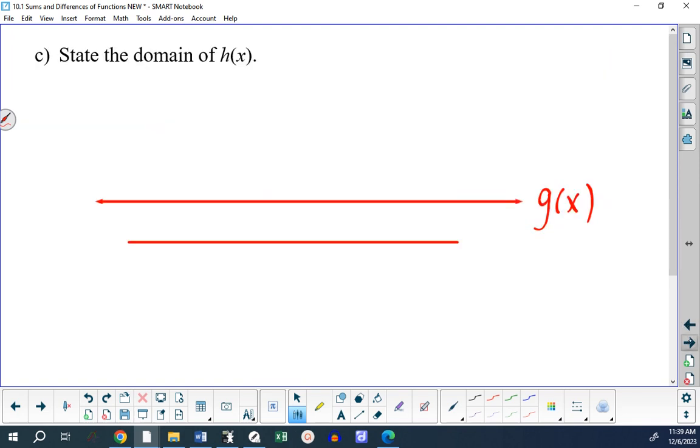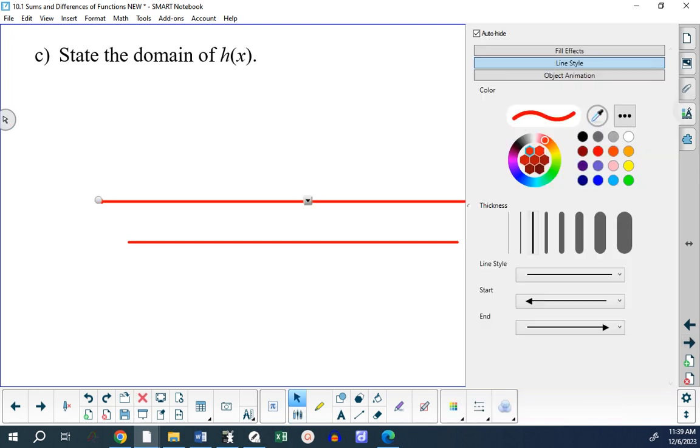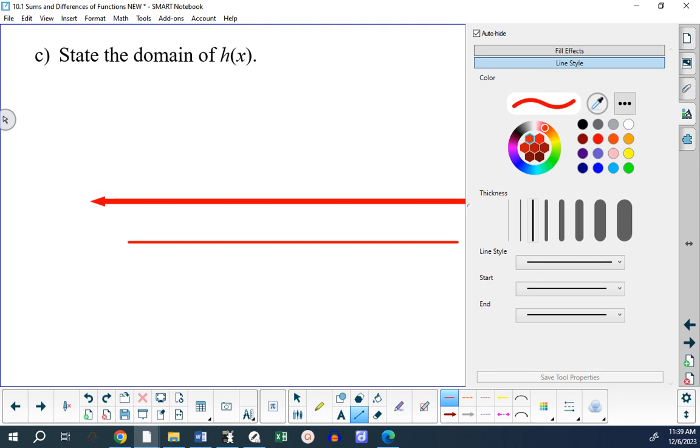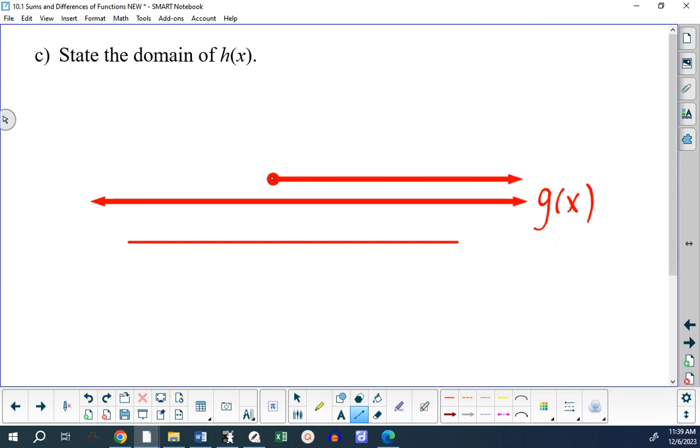G of x was x minus 2, so the domain of g of x is any real number, right? G of x is defined everywhere. What is the domain of f of x? Well, the domain of f of x is x is greater than or equal to 1.